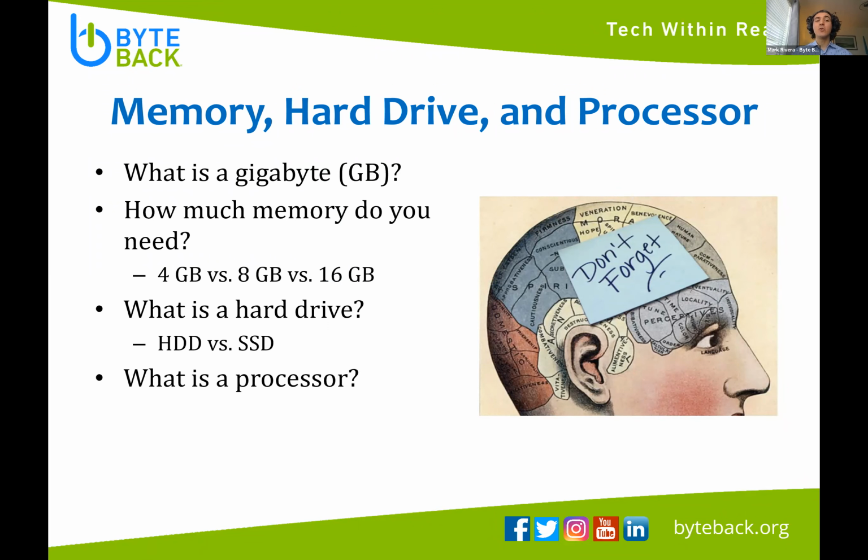At the end of the day, what is a processor? You've probably heard about this too. You see the commercials and it says, oh, this is version 3 of this chip, or version 5 or version 7. And then you hear the Intel song. A processor is more or less the circuitry of a computer.